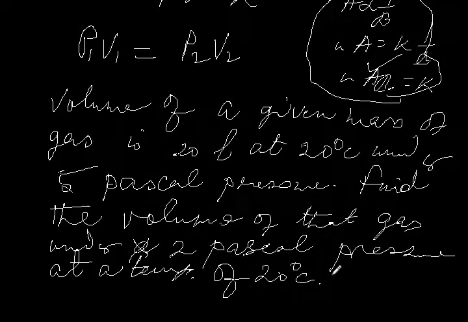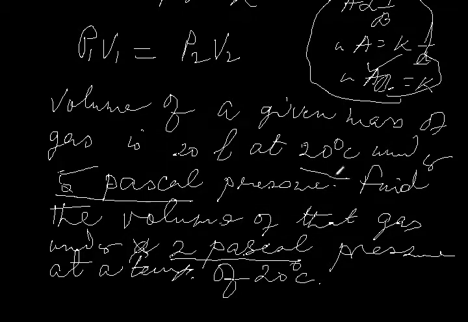See that here temperature remains unchanged. That is, initial temperature is 20 degrees Celsius, and final temperature is also 20 degrees Celsius. The initial pressure was 5 Pascal, and final pressure 2 Pascal.